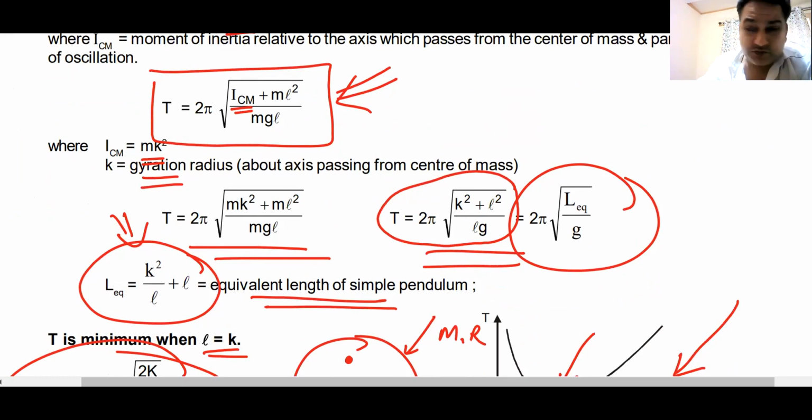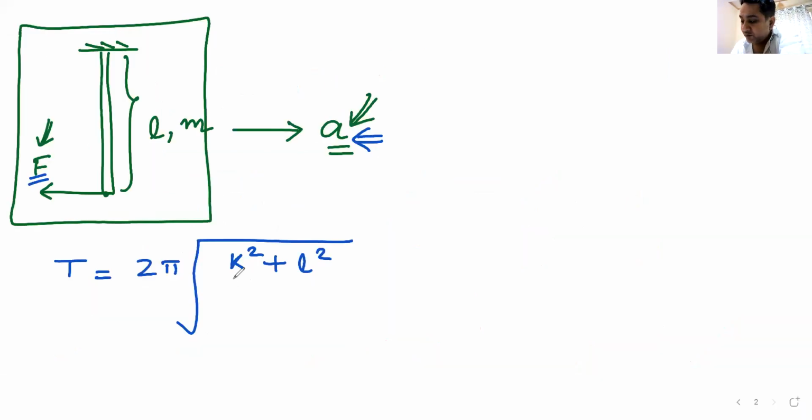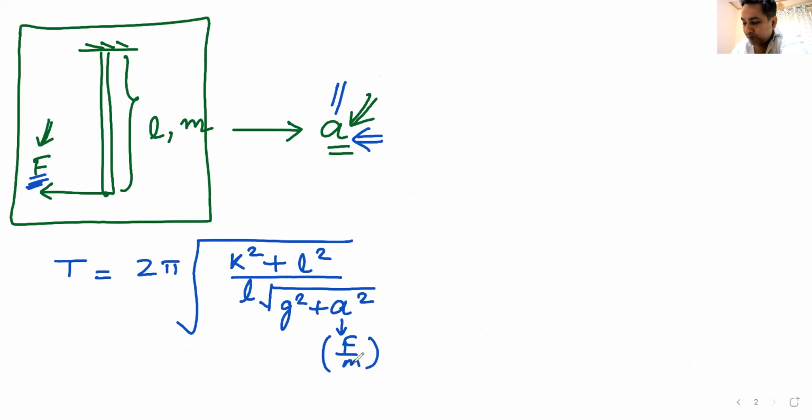So I'm straight away using this. Here, it is k square plus L square divided by L multiplied by g effective. Now what is the value of g effective? In the case of A, it is root of g square plus A square. In the case of F, this A will become F by m, whole square.